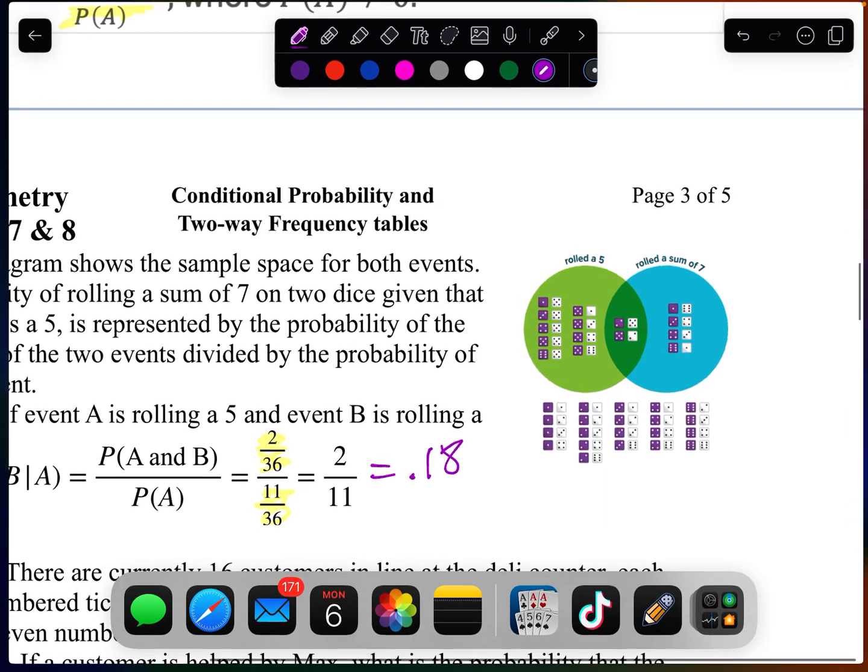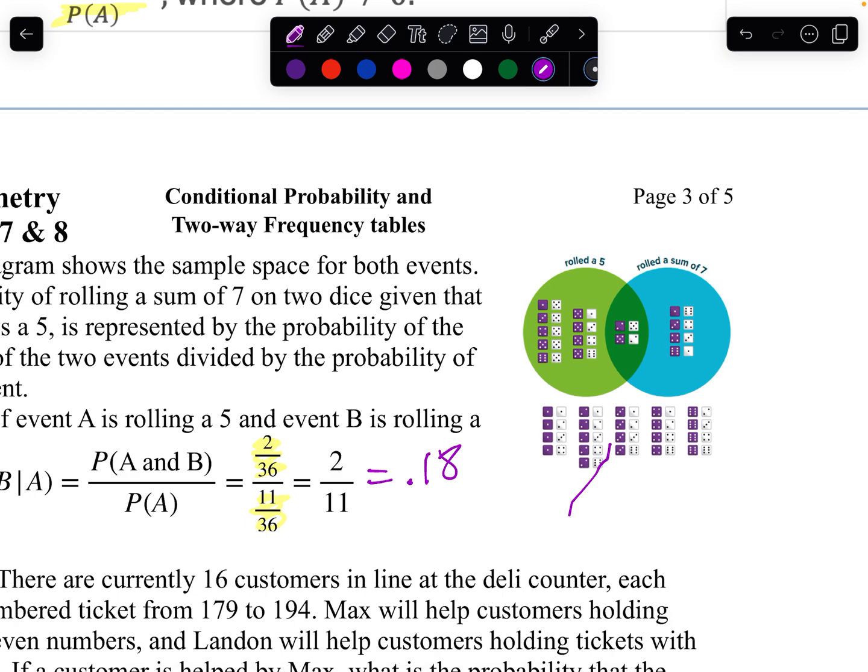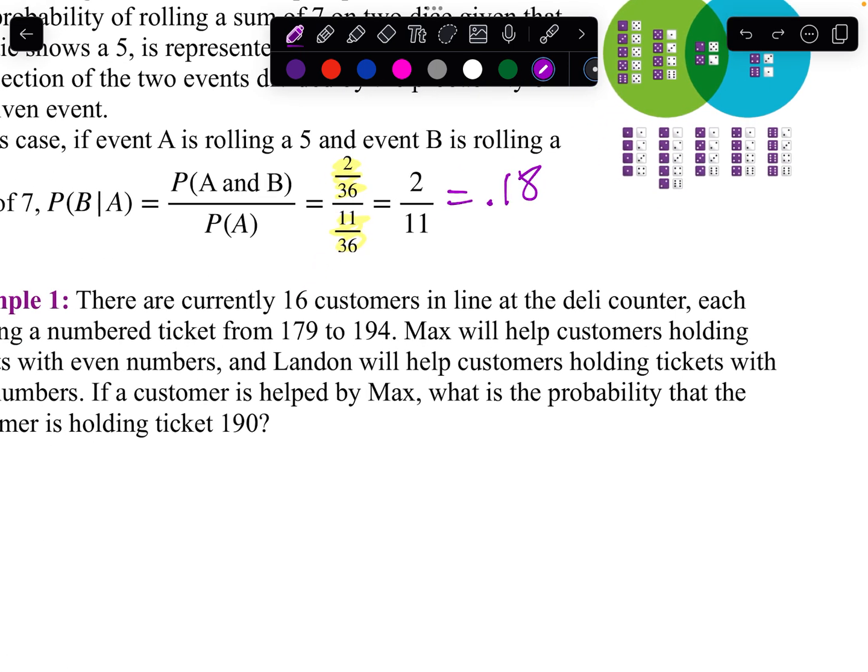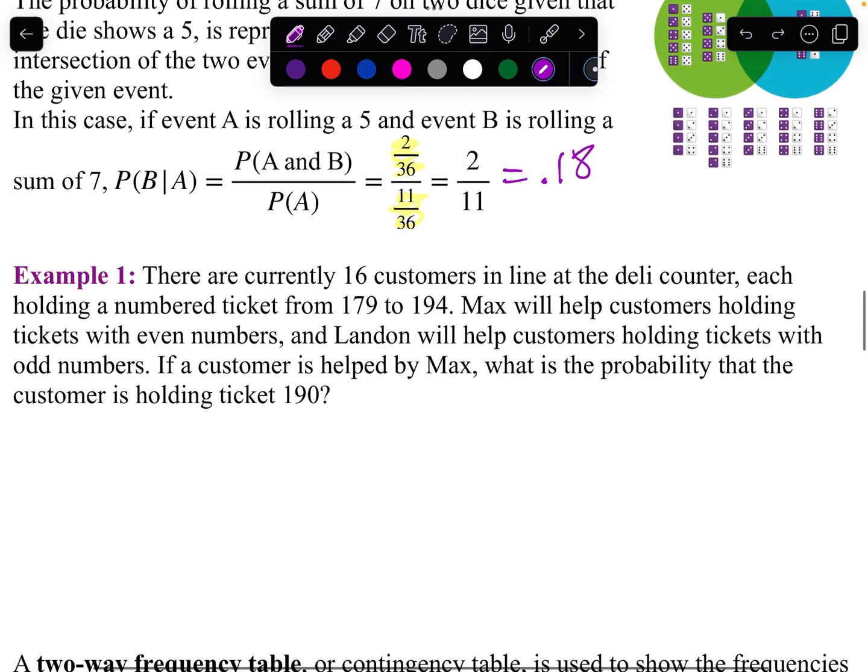Now if we take a look at this, I'll show you both ways, and you can decide which way you like better. On example 1, there are 16 customers in line at the deli counter, each holding a number ticket from 179 to 194. Max will help customers holding tickets with an even number.